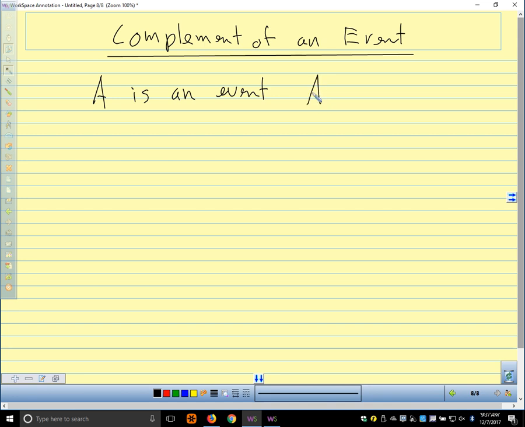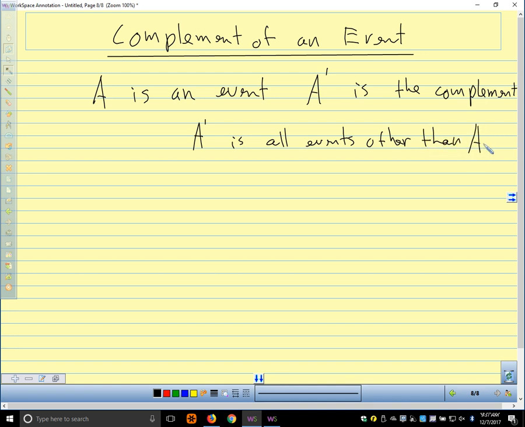We write A prime as the complement, and A prime is everything other than A. So if you're talking about, for example, flipping a coin, the complement of flipping a heads is a tails. That's the other possibility.